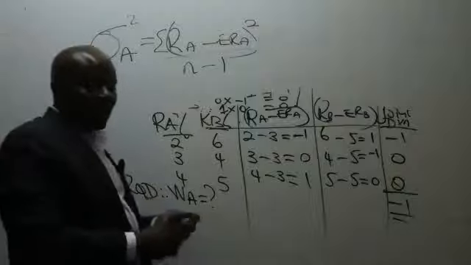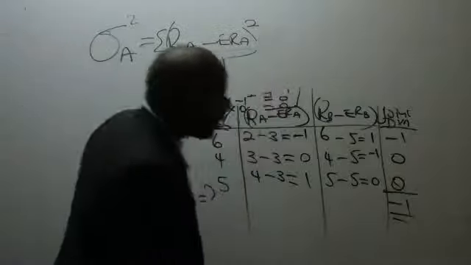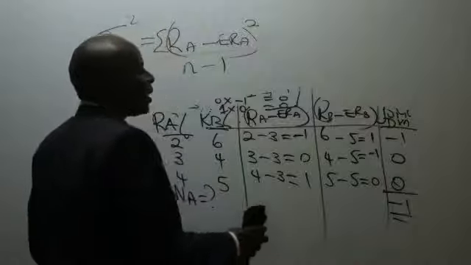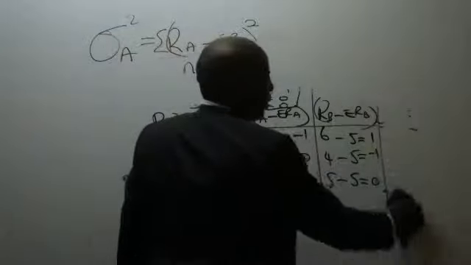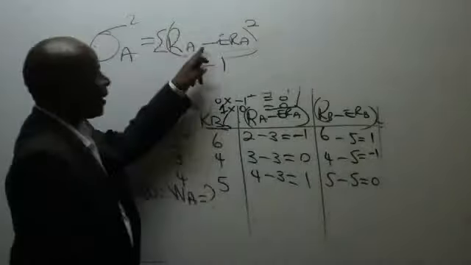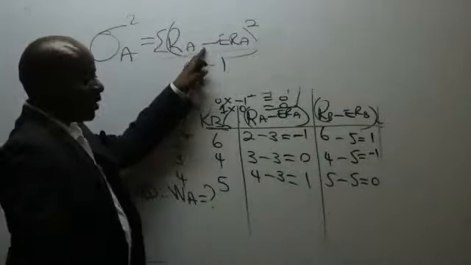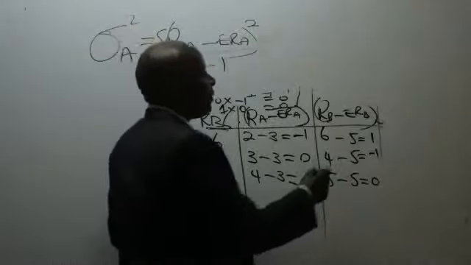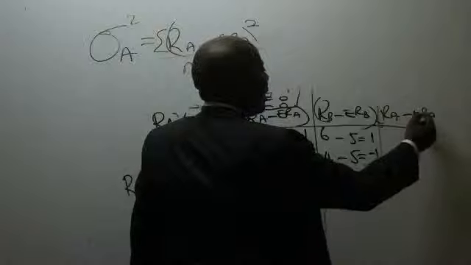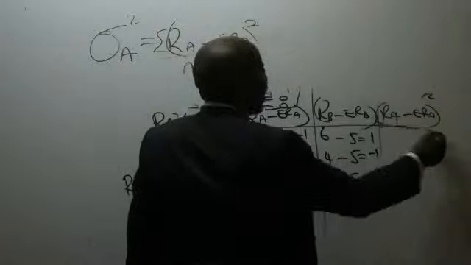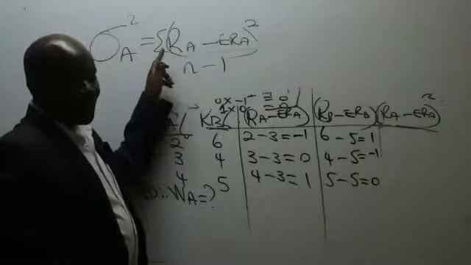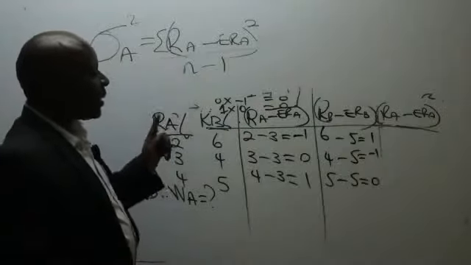And this is why I love teaching. Look at my book. My book is the best, because now the only thing that I need to do is to rub this column here, and then I create a new column for this. So we have here RA minus ERA, RA minus ERA squared. First of all, I'm getting the numerator alone. So somebody help me square this.